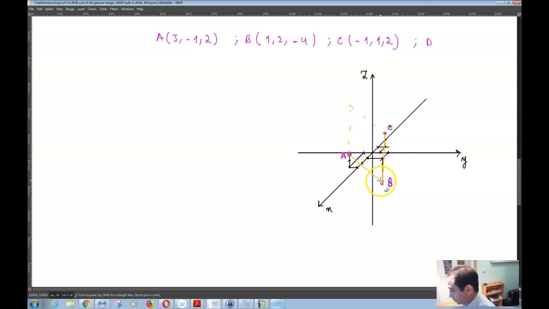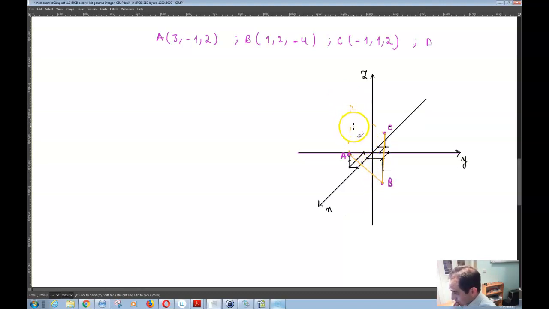Or if I connected these points together and these points together, then this vertex would be down here. So it's always up to you which variation you want to take. But now we are going to take this variation over here.